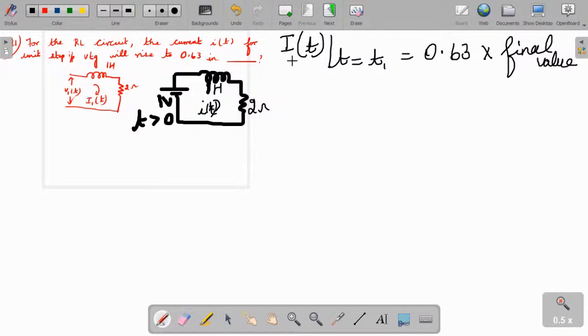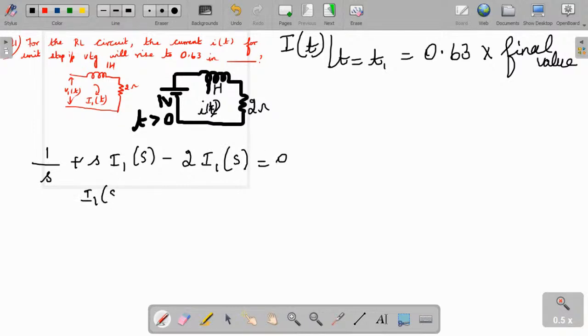Okay, so first we find I of t. How to find I of t? I convert to the Laplace transform. That is simple. So u of t becomes 1 by s, minus the inductor, which is s into I1 of s, again minus 2 into the resistor, I1 of s is equal to 0. So from this, what is I1 of s?